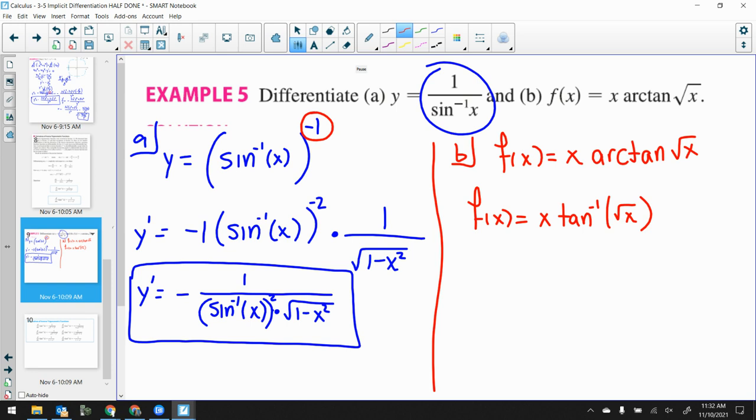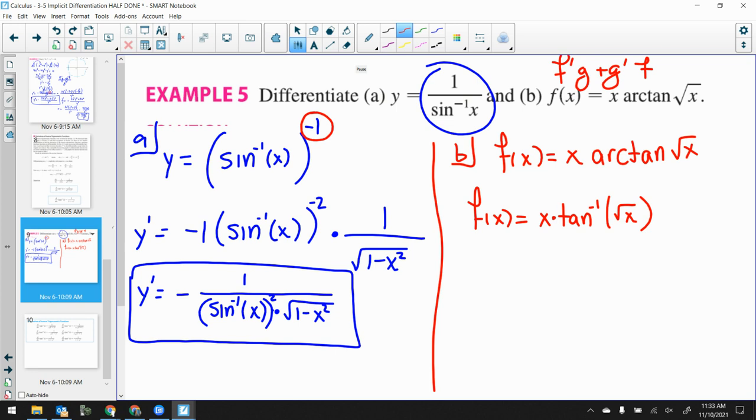Okay, now, what do I have to do with this? I actually have to use 2 rules. The first rule that I have to use is the product rule: f prime g plus g prime f. Okay, f prime. What's the derivative of x? 1. Okay, that's easy.